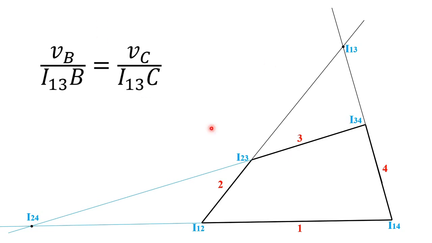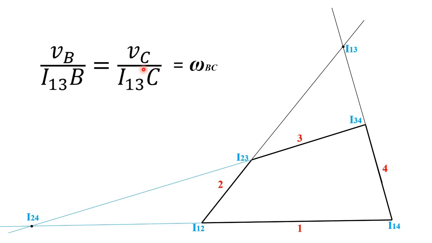VB divided by the distance of B from the center. What is the center at this instant? I13. So VB by I13B will be equal to omega 3. And this omega 3 will also be equal to, at the other end, VC divided by I13C. So this is equal to omega of BC, or omega 3.